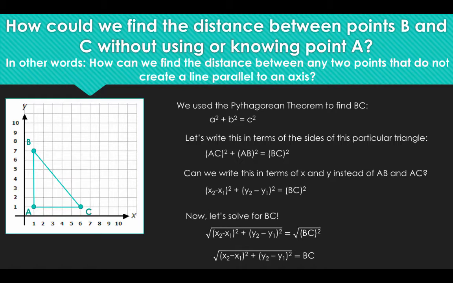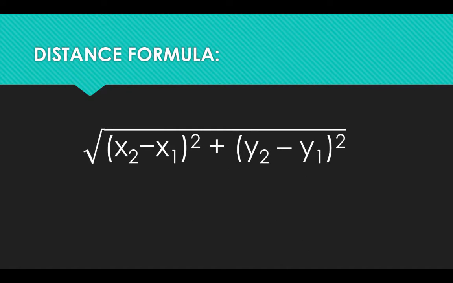Alright, so what does this all mean? Well, that formula right there gives us BC. So it gives us the distance from B to C. So that formula, the square root of x2 minus x1 squared plus y2 minus y1 squared, is our distance formula.